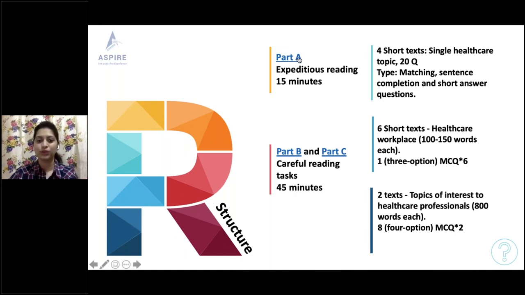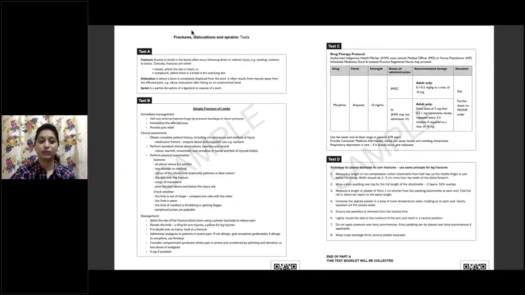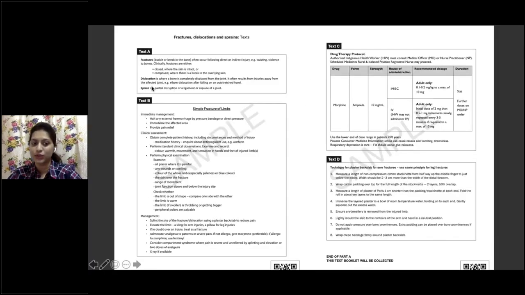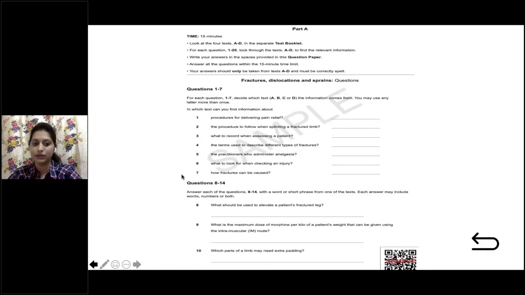So let me just show you how part A looks, so that you have a better idea of the paper. As you can see on the screen, there are 4 short texts. It can be in the form of tables or diagrams or notes, or a piece of information that is just presented to you. The questions that follow will look something like this. You will have to match the paragraph.